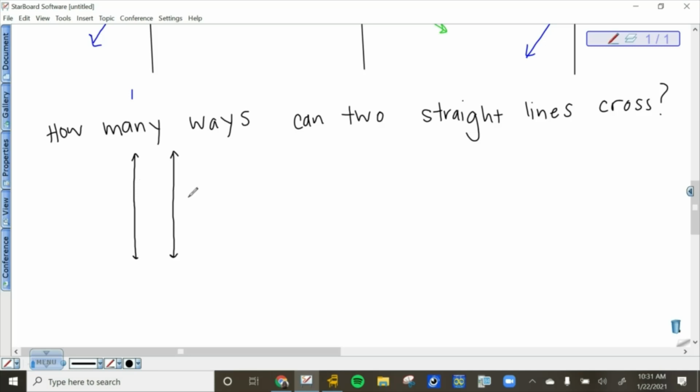Does anyone know what lines that never ever intersect are called? Parallel, yeah. And we denote that by drawing two arrows, two little triangles. These are parallel lines, and these never cross.